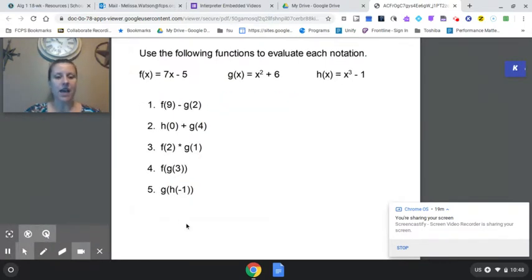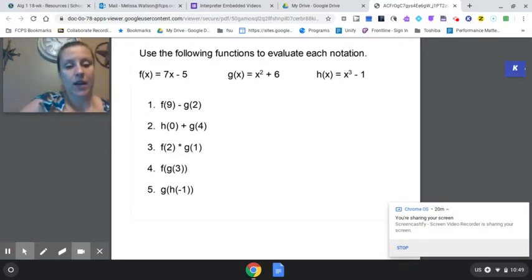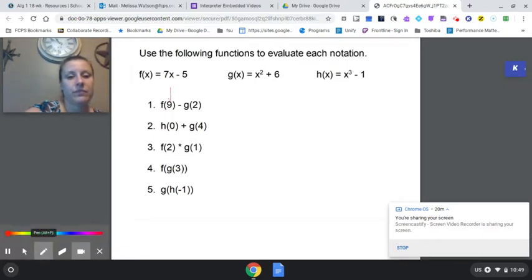Okay, this slide is still asking us to evaluate functions, giving us inputs, and we're supposed to find the outputs. However, these are a little bit more advanced function notation questions. So this first one is asking us to evaluate f of 9 minus g of 2. So we're using both f's function and g's function here. The first part asks us to put in 9 into f's function.